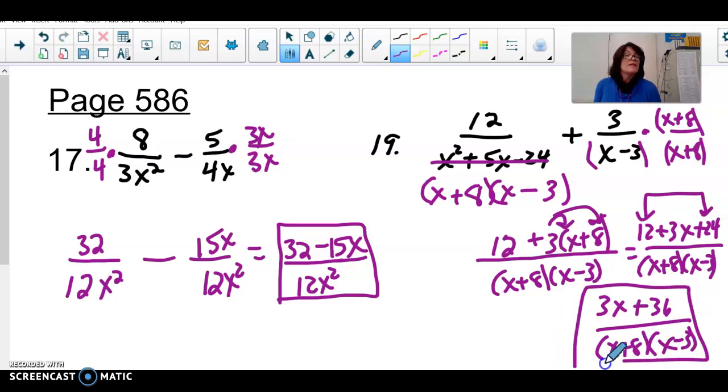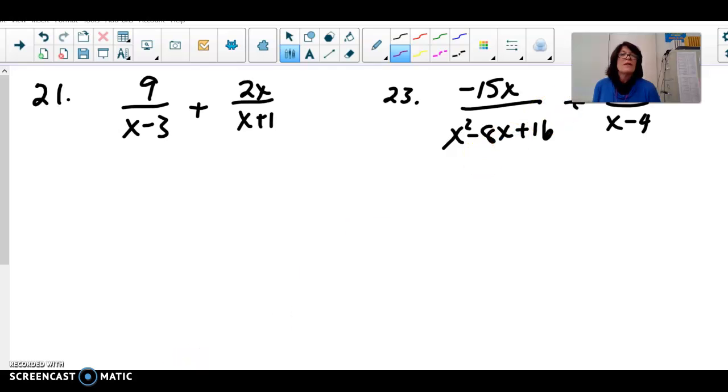That's your final answer for number 19. The substitute can pause me if you need time to look over that. If you want to ask any questions, maybe some of your classmates will help you through, or the substitute will help you through if you're not sure about any of those answers. Okay?